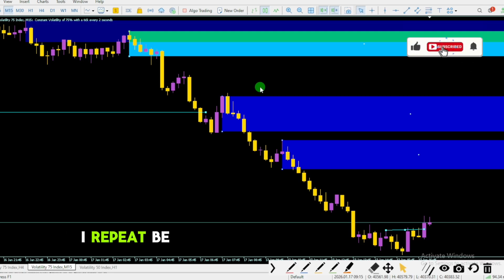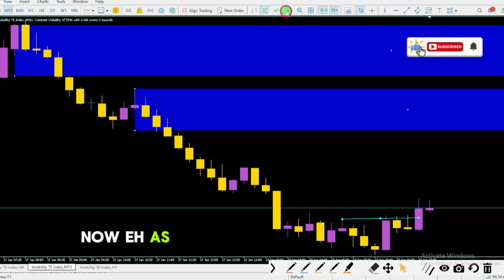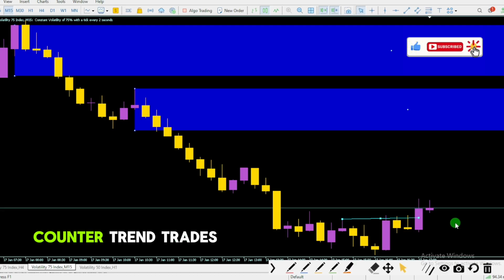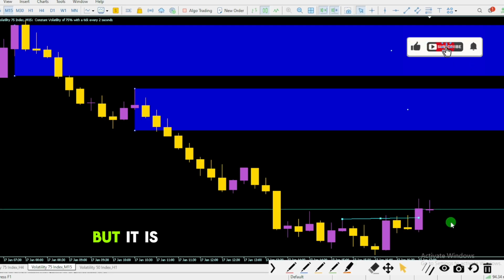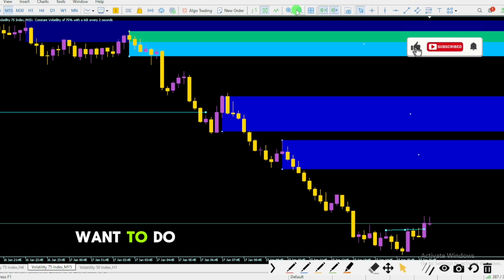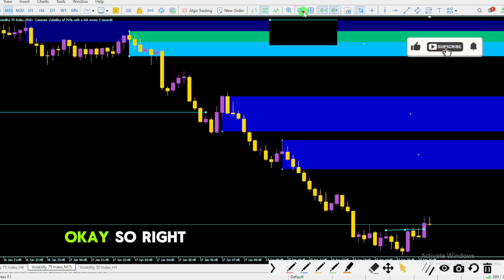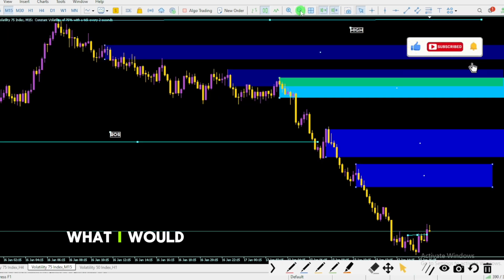I repeat, be careful at this point. Now as a professional, you can actually take counter trend trades, but it is more high risk, so you may want to do it very carefully or avoid trading the retracement.